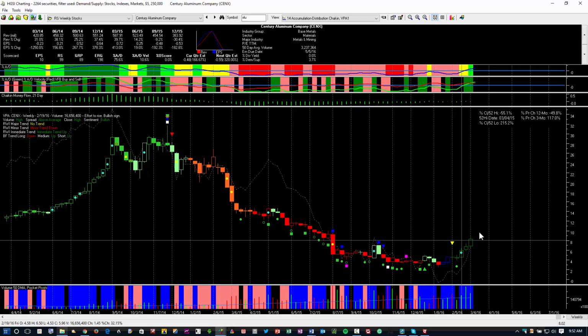Well, it's because remember that 40% is on the last 3 months, and if you look up here, you'll see that over a 3-month period, this stock has risen 117%. Over 12 months, it's still down 49.8%. The point I'm making is that both relative strength methods work.